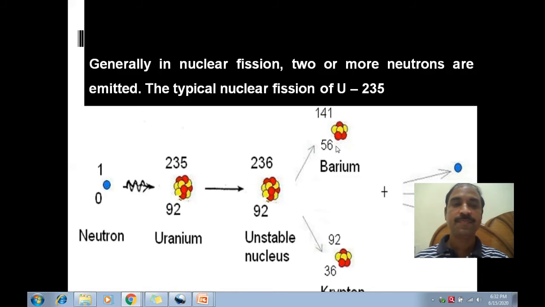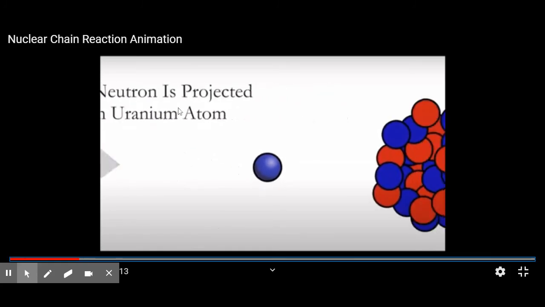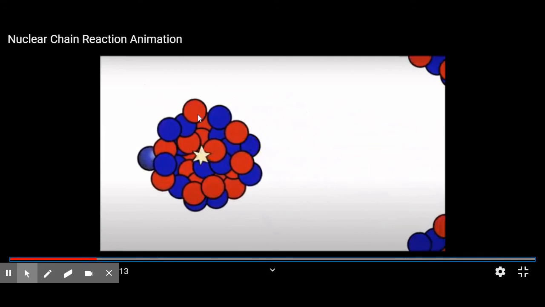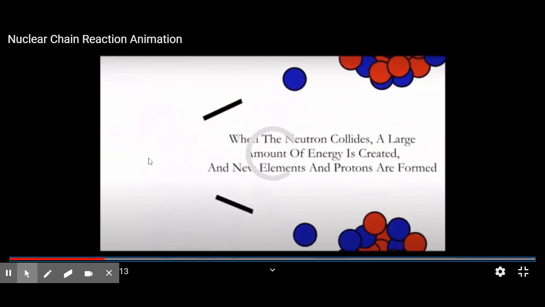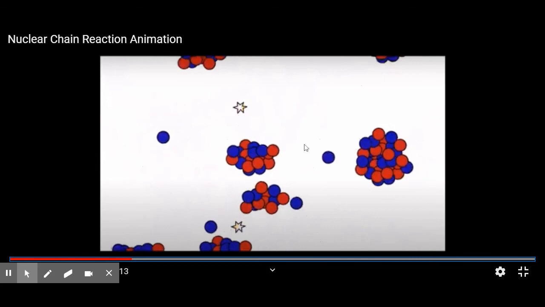Therefore, this reaction is also called a nuclear chain reaction. The neutron is also called a slow neutron, or a projectile, which is bombarded on a heavy nucleus, getting converted into daughter nuclei.